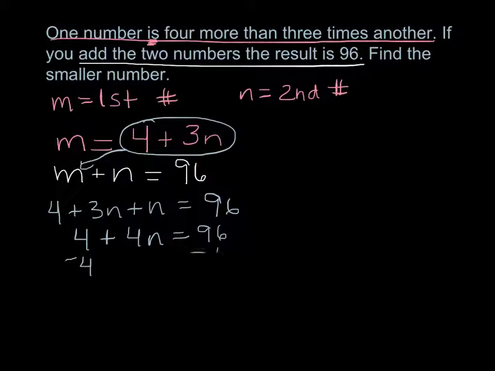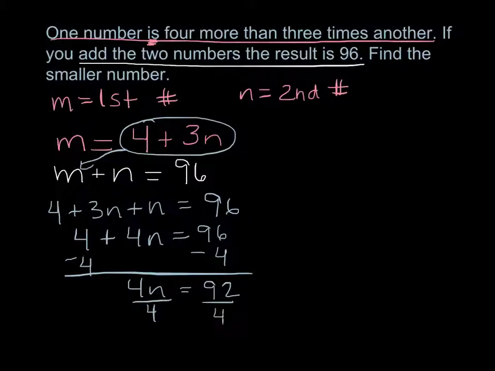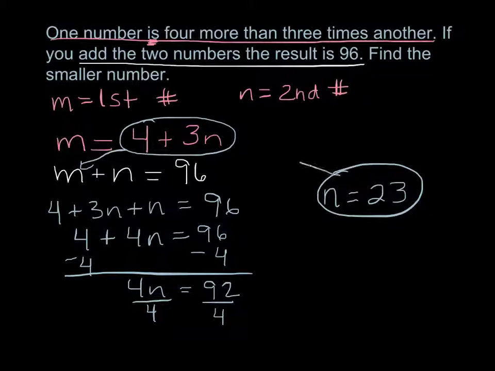Subtract our 4. So we have 4n equals 92. And divide by 4. So n is 23. Now I need to figure out what m is, so I'm going to substitute what n equals in for n right here.